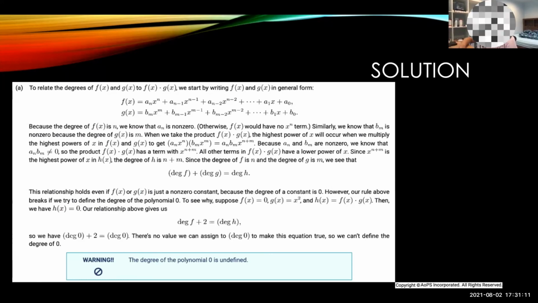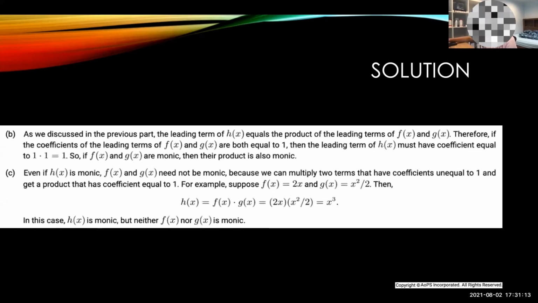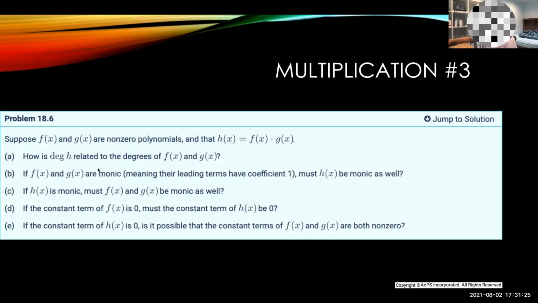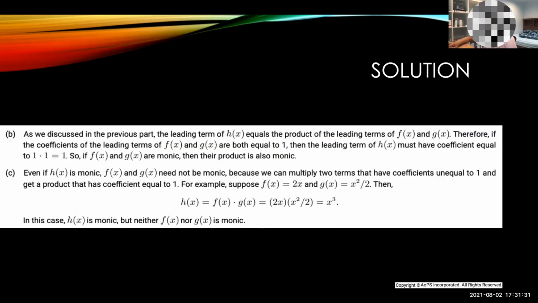So it works. And then for B, the answer is yes. That's because, as it said in the beginning, if f of x and g of x leading terms have coefficient 1, then the coefficient of the maximum degree of h of x has to be 1, because it's either f of x or g of x, which is 1, or it's them multiplied together, which is 1 times 1, which is also 1.